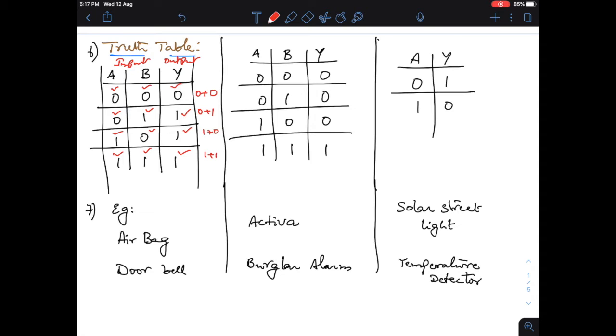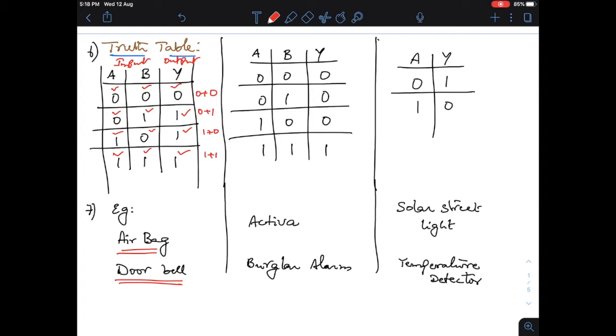Now, examples when we look at our day-to-day life. For example, you have airbags in cars or doorbells. In airbags, you have different sensors which sense if the car meets with an accident, that means there is a collision. If any sensor senses the collision, it need not be all the sensors.